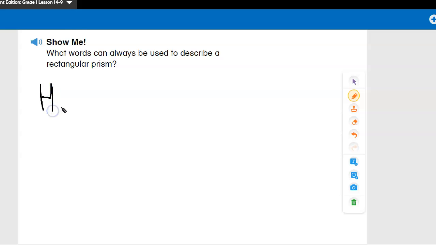So I'm just going to write has, oh, that's an S, 8 vertices.